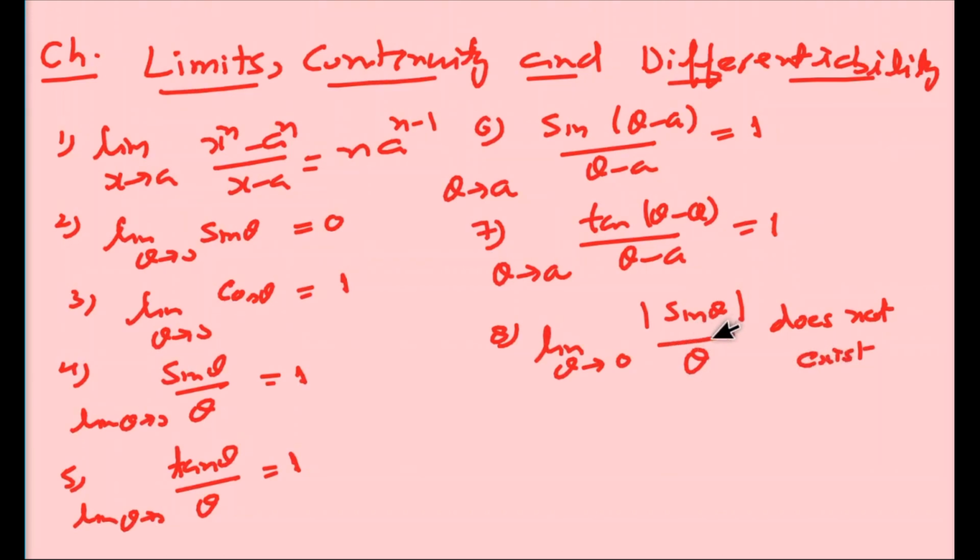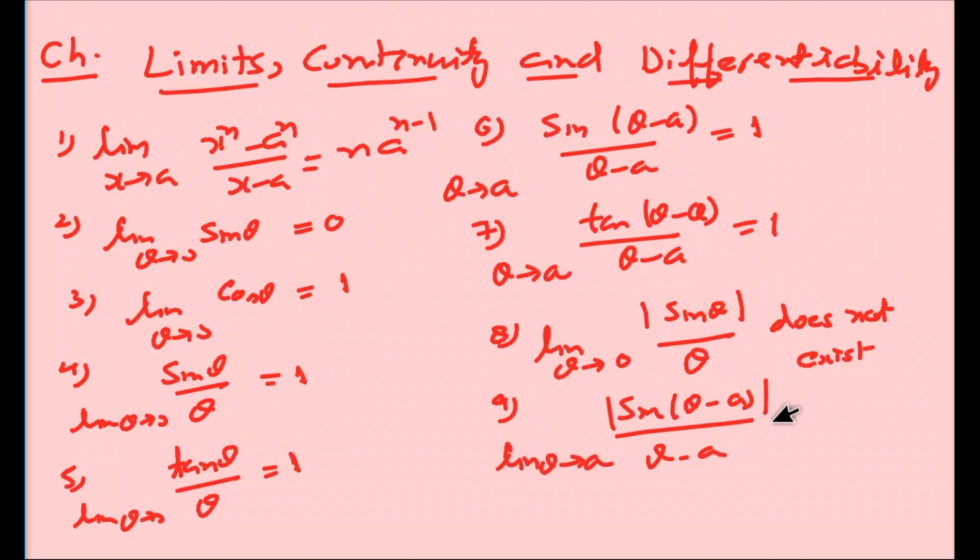So you have to wait for this. Okay. Now, mod of sine of theta minus a upon theta minus a, limit taken theta tends towards a, it also does not exist.